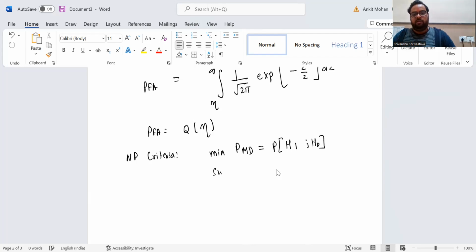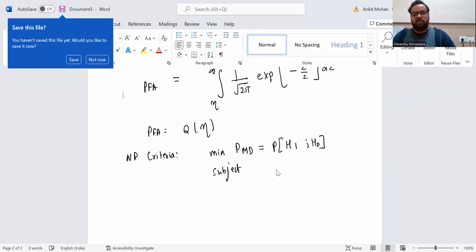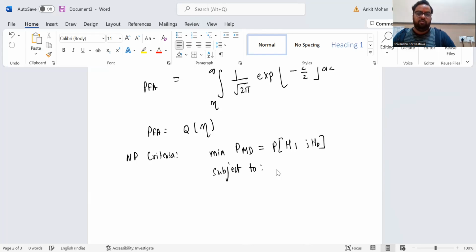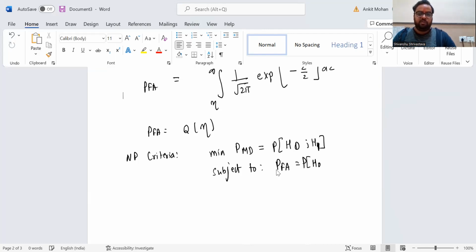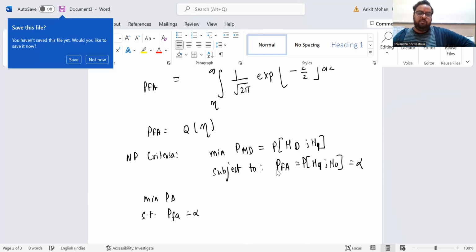We write this optimization problem with a constraint: subject to the probability of false alarm having a fixed value alpha. This is my probability of misdetection and this is my probability of false alarm, which should have a fixed value alpha. Essentially I'm going to minimize this PMD with a constraint on the probability of false alarm that it should have a fixed value alpha.